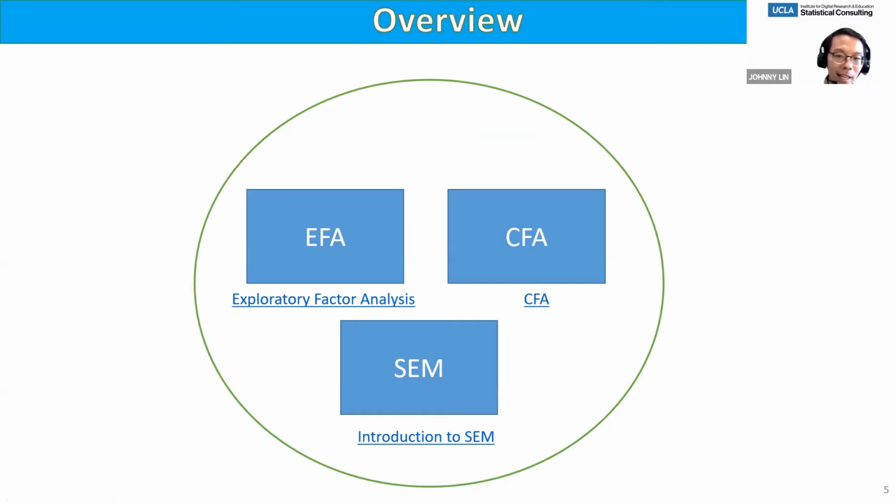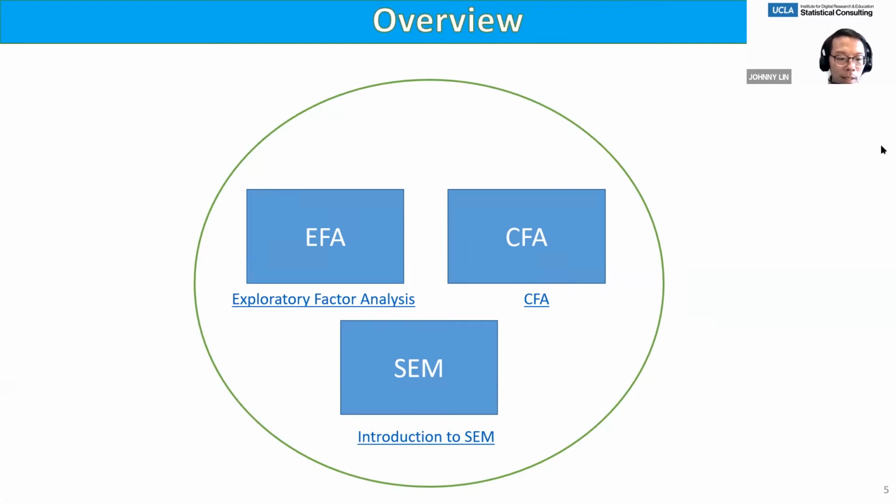So EFA is called Exploratory Factor Analysis, and it is a latent variable model because the factor is unobserved. This is more appropriate when you're just exploring a study and you have no idea how the items in your survey relate to each other.